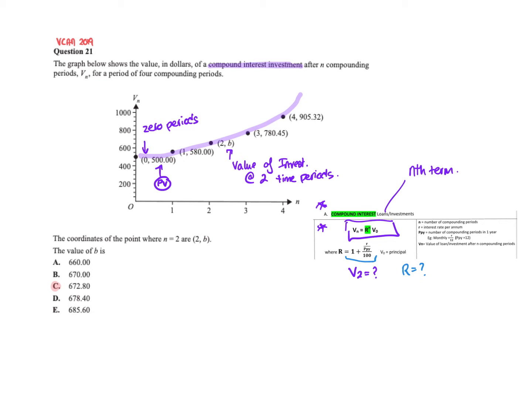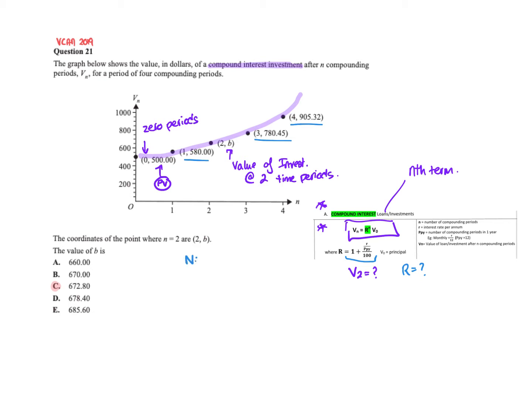I don't have all that information, so I'm going to use Finance Solver, because I do have some scenarios up here along the way. You could use any one of these scenarios to find out what that interest rate is, because we don't know what it is.